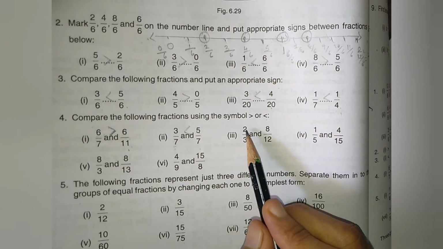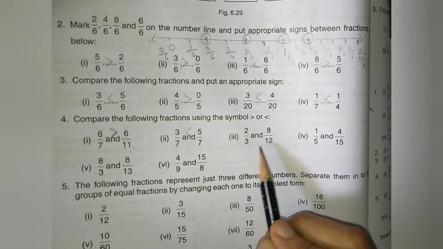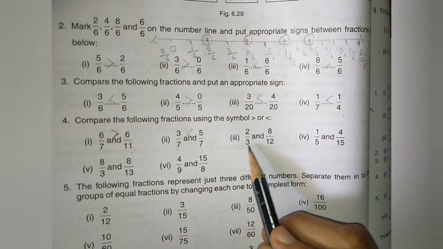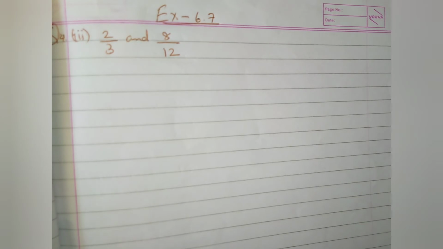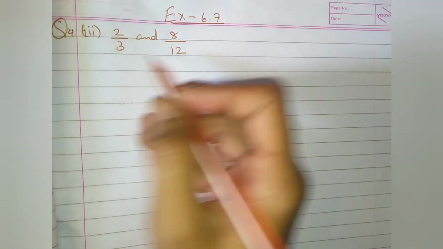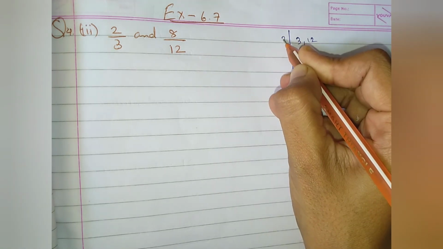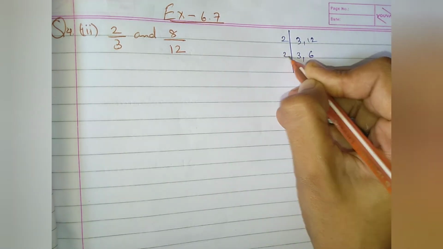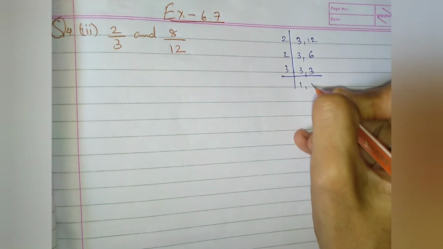Now the next one, 2 upon 3 and 8 upon 12. This we have to solve because neither numerator nor denominator is the same. So we have to make the denominators the same. Let us do it. LCM of 3 and 12. 2 threes are 6, 3 threes are 9 and 3 ones are 3.